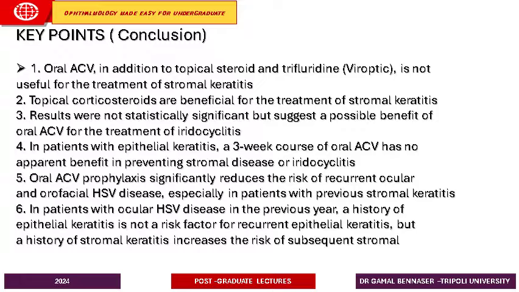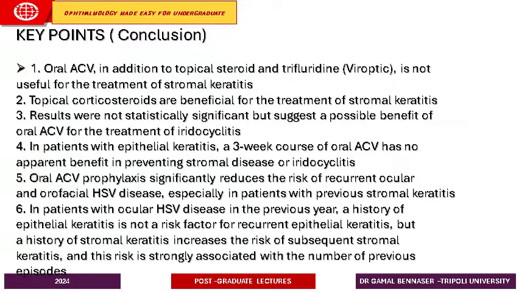The use of oral acyclovir prophylaxis significantly reduces the risk of recurrence of ocular and orofacial herpes simplex disease, especially in patients with previous stromal keratitis. Now, people with stromal keratitis have a high chance of recurrence, unlike people with epithelial keratitis. For epithelial keratitis, there is no documentation that they will have recurrence unless there are more than 2 episodes per year.